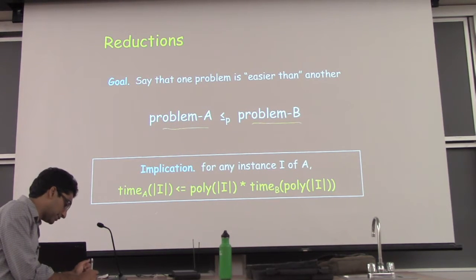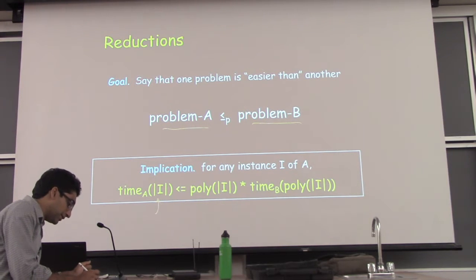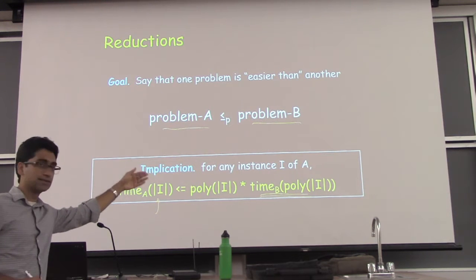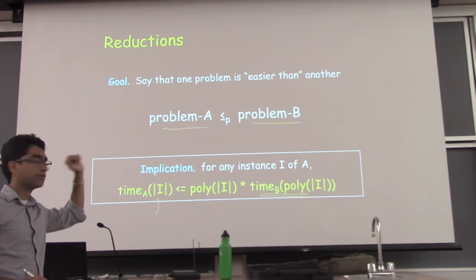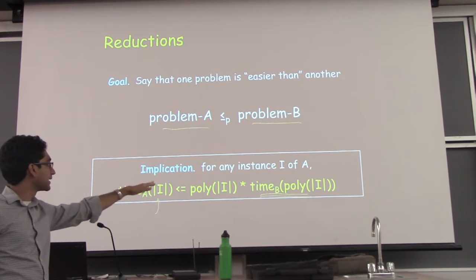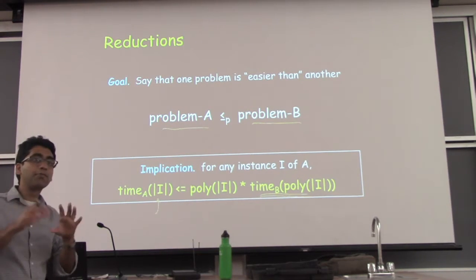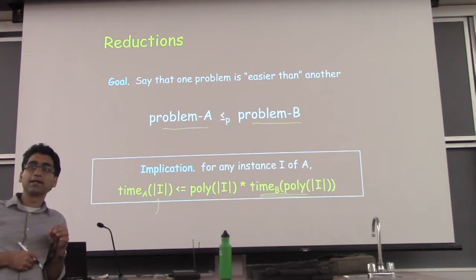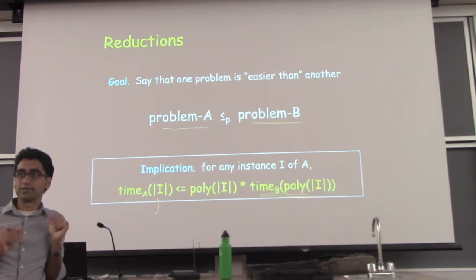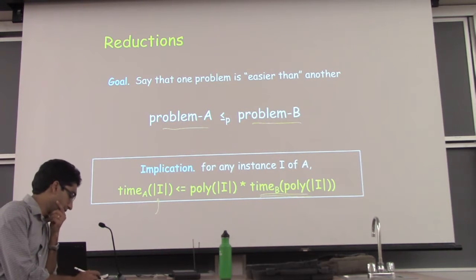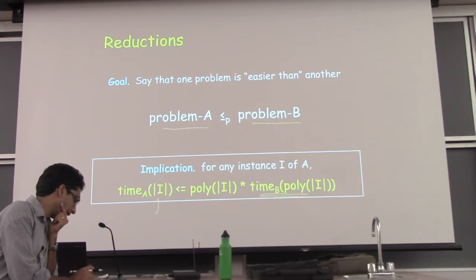The time taken to solve that instance is at most some polynomial in the time taken to solve a similar sized instance for B. So you could have a polynomial slowdown. And we said that polynomial factors are all okay for us when we are dealing with reductions. So this is what we mean by reductions.